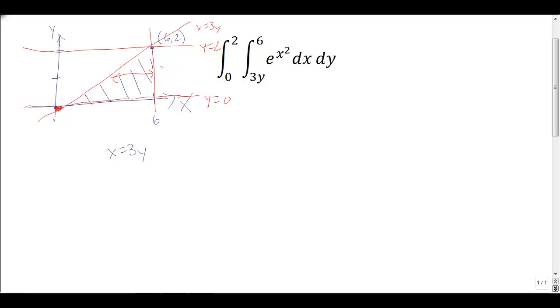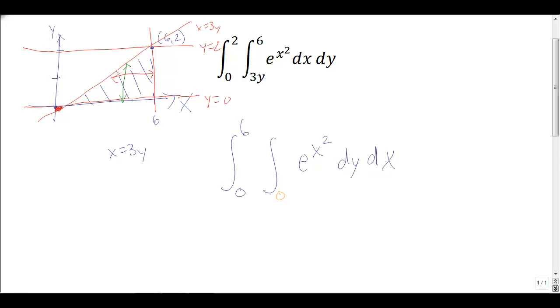Okay, so if you switch the order of integration, what you get is a double integral. You still have e to the x squared, but now we'll do this dy dx. So now x goes from 0 to 6, and then y is going to go from, well, this bottom function is 0, so I get a vertical cross-section like this.